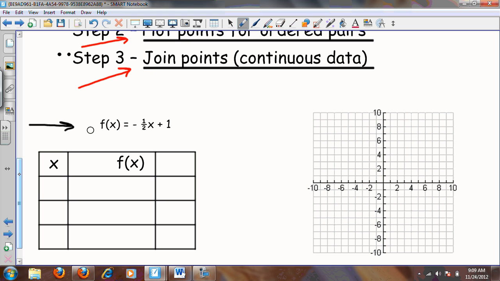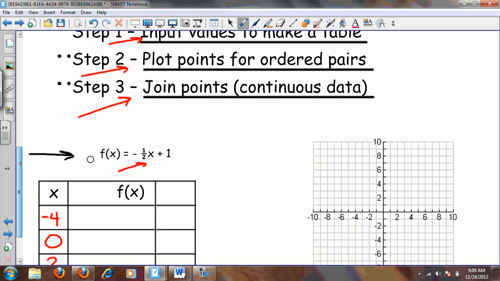Because I'm dealing with 1/2, I'm going to choose even numbers so that I don't have to deal with fractions. I'm going to choose -4, 0, and 2.